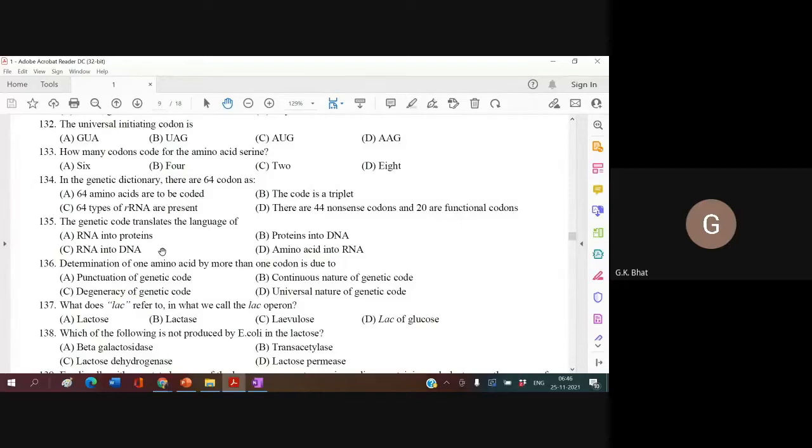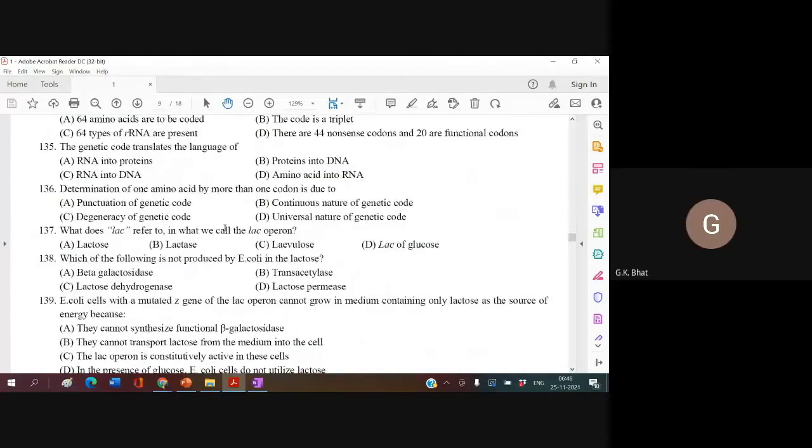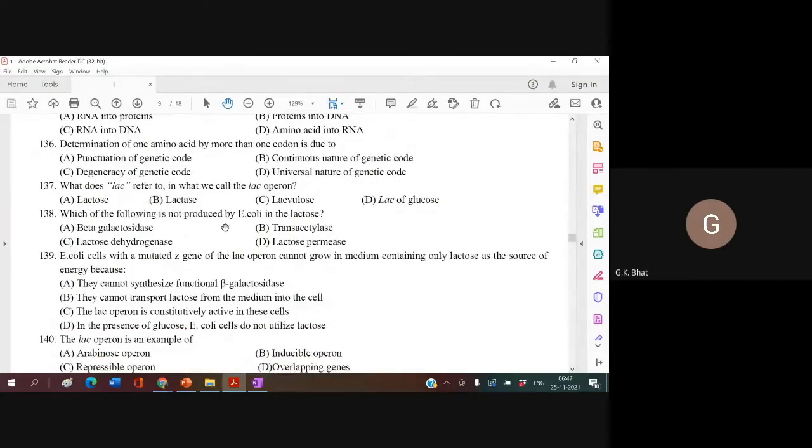134. B. The code is a triplet. 135. A. RNA to proteins. 136. C. 137.